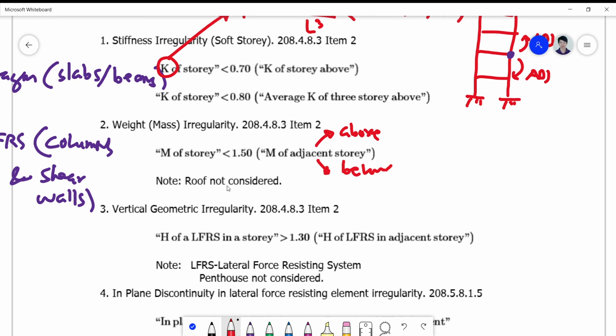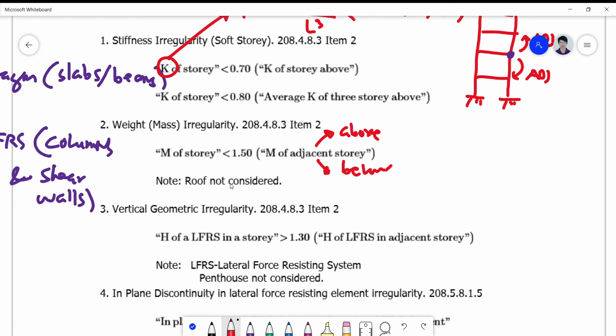So if you have a roof which is made up of GI sheets, you might say that it's a soft story. No, you don't have to consider the roof because the roof only serves the function of guarding against rain and sunlight, without any permanent loads that might damage.